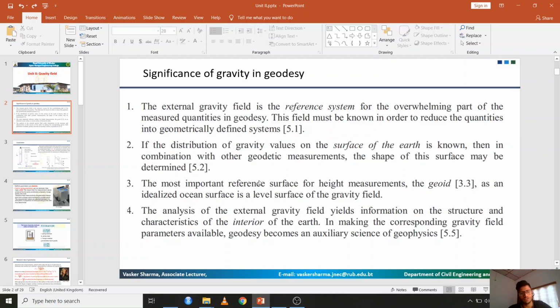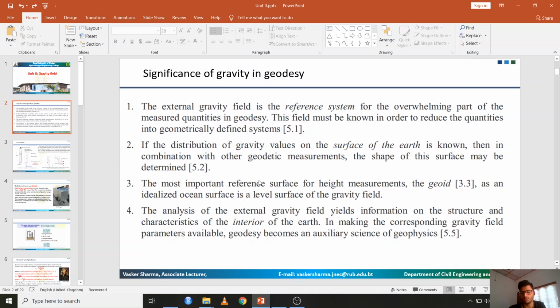GPS also makes use of this ellipsoid as a reference system for measuring elevation on the surface of the earth. So the ellipsoid becomes the reference of the earth, and this ellipsoid is approximated from the geoid, and this geoid is nothing but the gravity measurements.